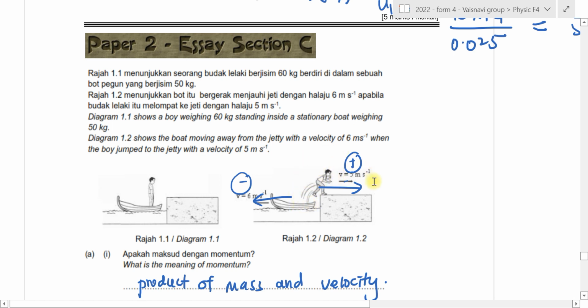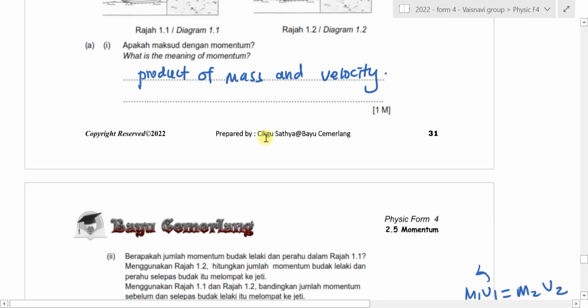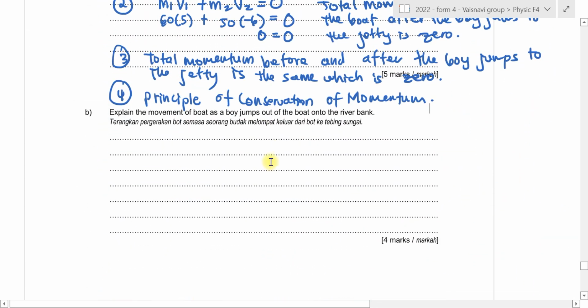Okay, he tried to jump with a velocity. Then, that's produce a momentum. When there is a momentum, there will be always an equal but opposite direction momentum, right? That's why the boat move on the opposite side, that is towards the left.